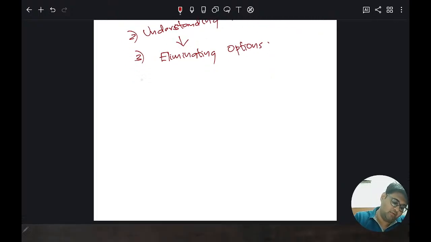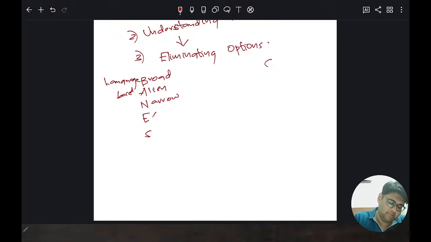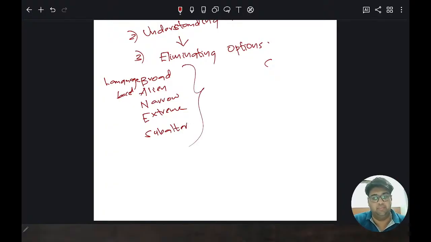For elimination, I have already discussed the BANES plus C theory in class. BANES is the language-based trigger: B means broad, A means alien, N means narrow, E means extreme, and S means subaltern. I will show you how to put all these triggers into practice today.